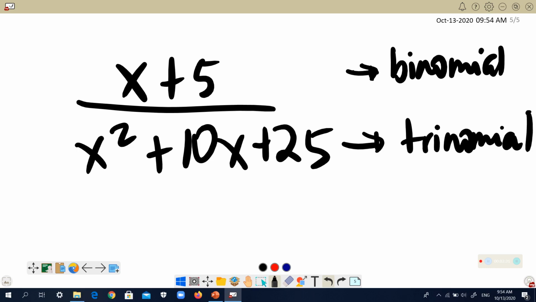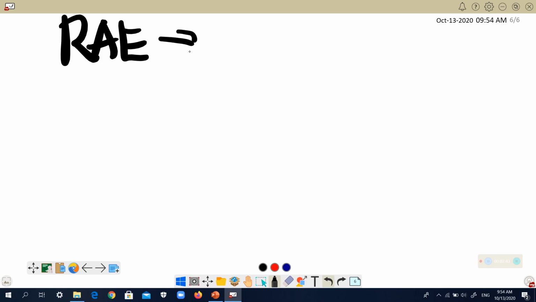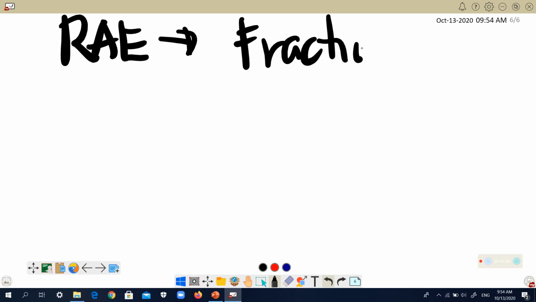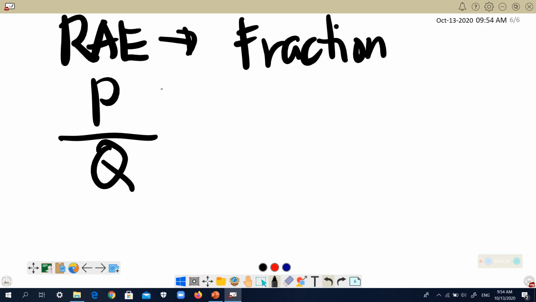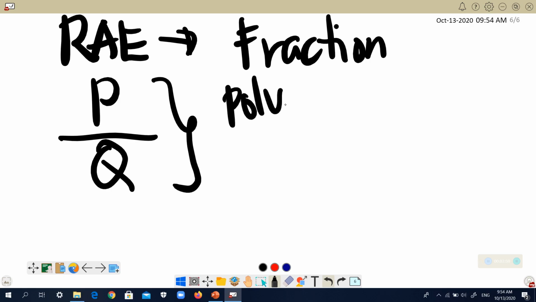So again, when we say RAE, it is always written in the form of a fraction. The keywords are that rational algebraic expressions are always in the form of a fraction. But we have to take note, for example, we have P over Q, that both the numerator and the denominator are polynomials.